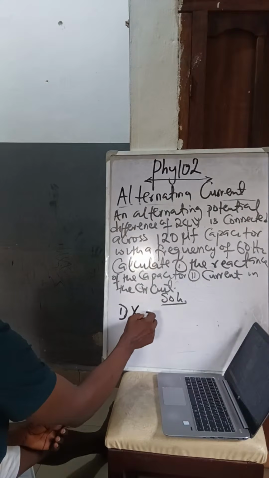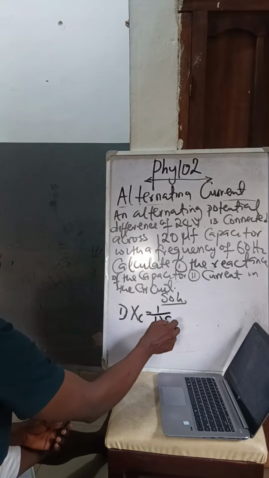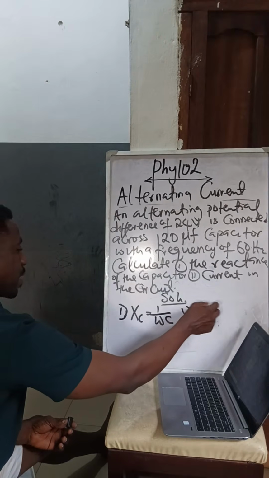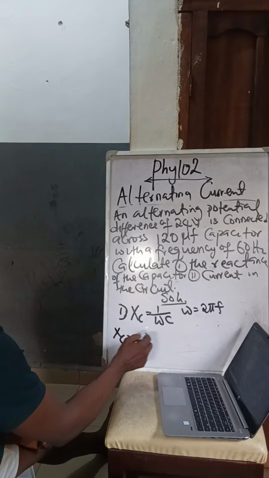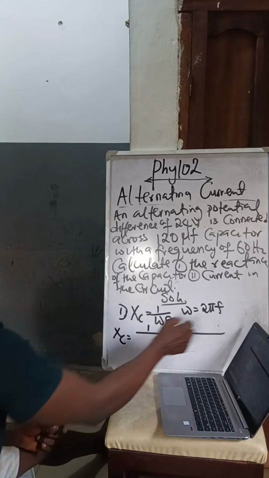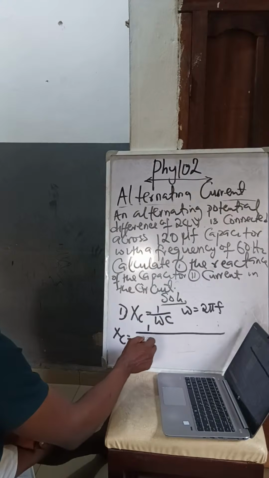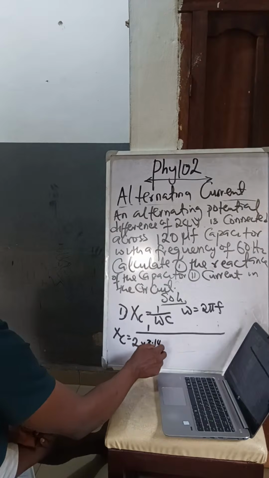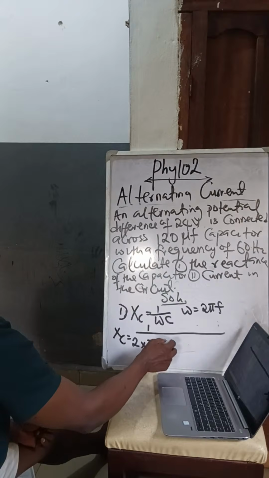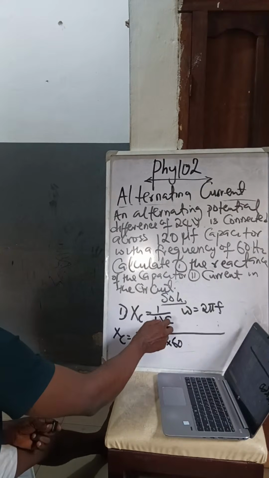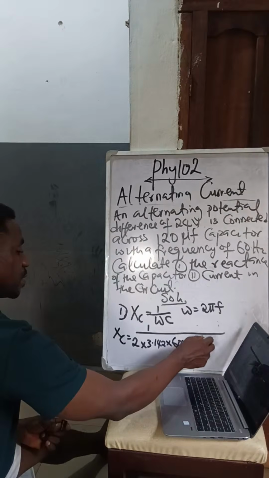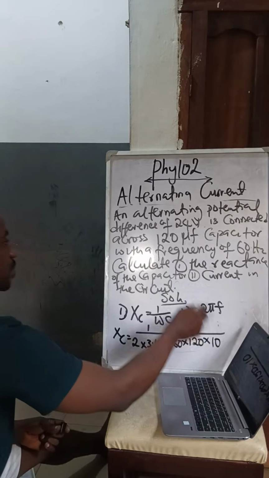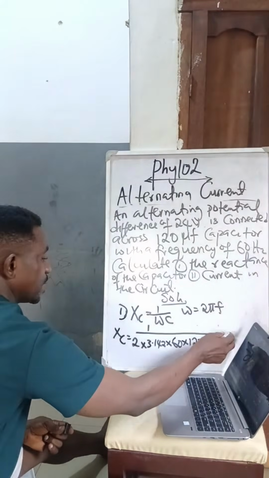XC is equal to 1 over WC, and W is equal to 2 pi F. So XC is equal to 1 over 2 times pi, which is 3.142, times frequency, which is 60, then C, the capacitor, which is 120 times 10 raised to the power minus 6, since micro means minus 6.